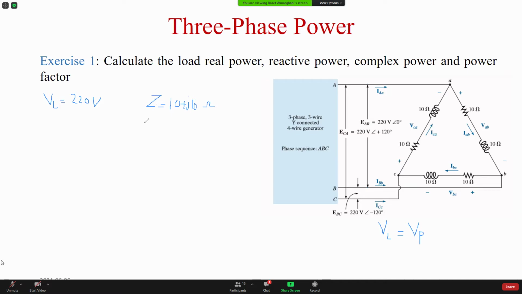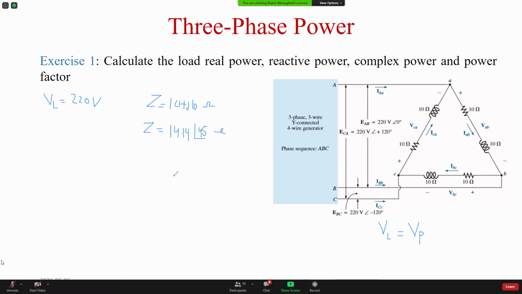So we can actually say impedance per phase. If I change it, it will be 14.14. If you change it to polar, you don't have to. And angle 45.